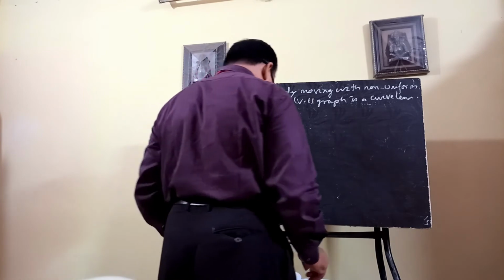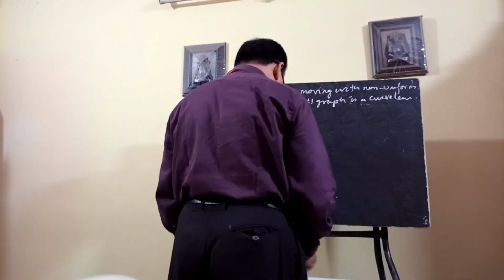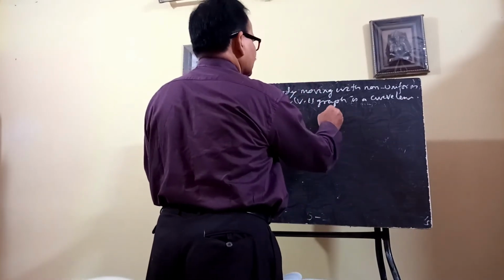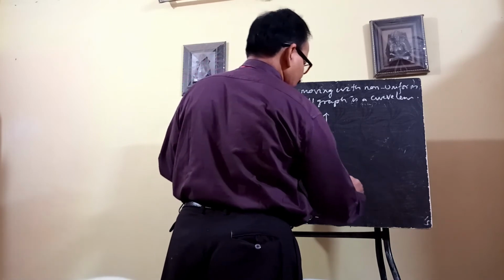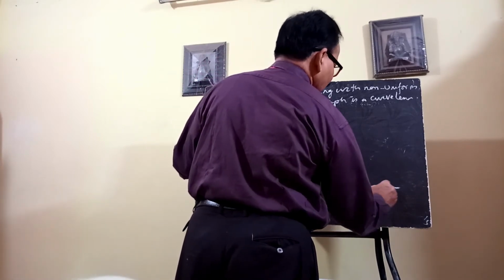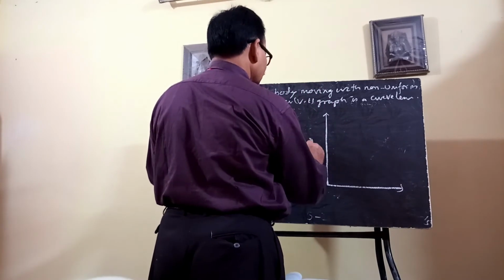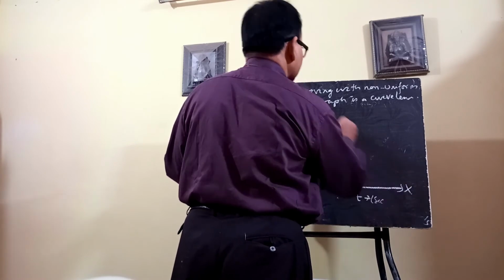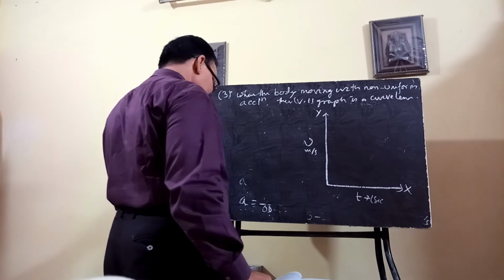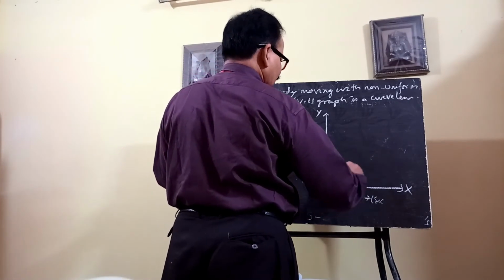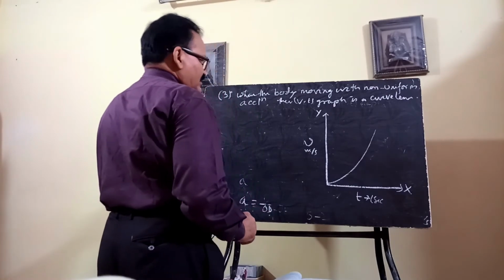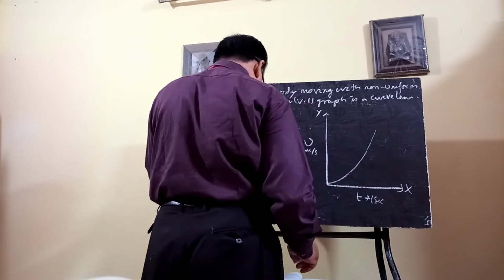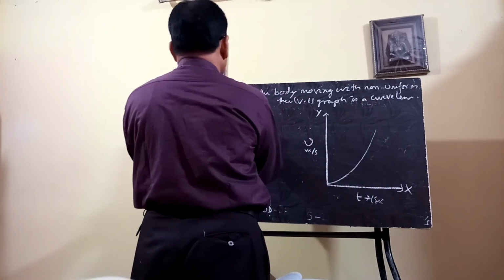Suppose velocity is plotted along the y-axis, in meter per second, and time is plotted along the x-axis. So in this case, your velocity time graph is just a curved line. Okay, so in this case, the body is moving with a variable acceleration, that means non-uniform acceleration.